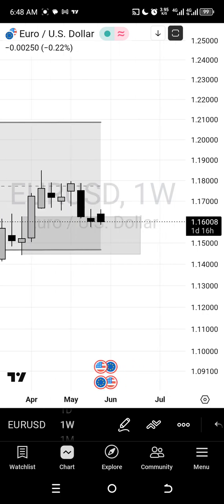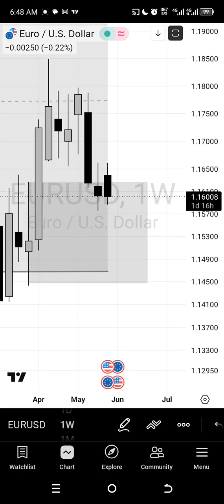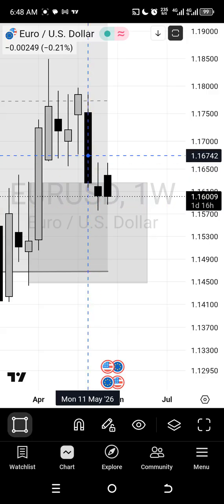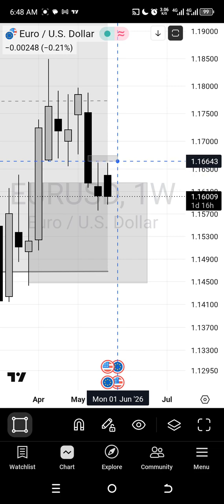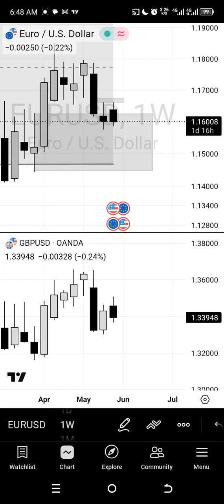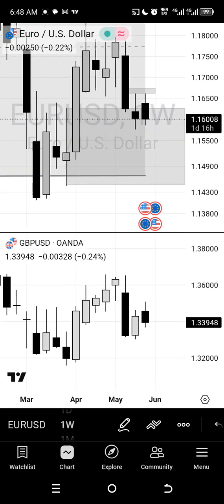Looking also, I can clearly see this FVG resting above EU, right? And then I got an SMT with GU.